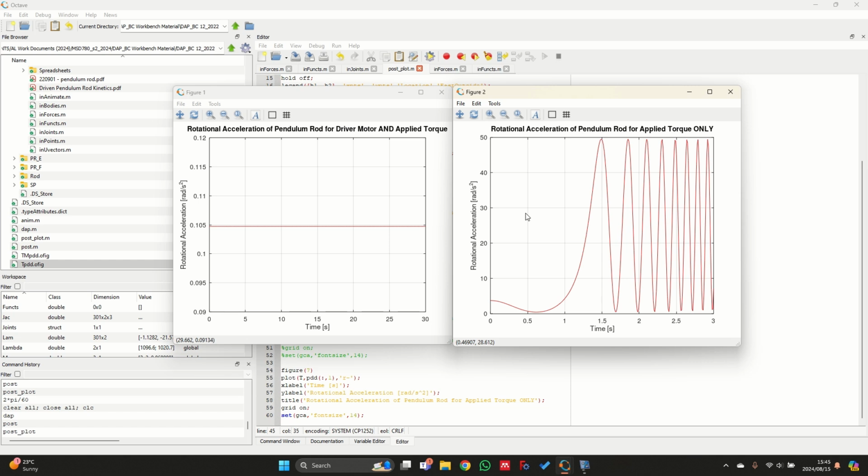So this shows us the powerful performance that something like the DAP-BC workbench can work with. It shows that we don't just have to consider a forward dynamic analysis problem or an inverse dynamic analysis problem. We can also consider a combination of the two, and in that case we might have some braking reaction forces or moments being applied to the system.